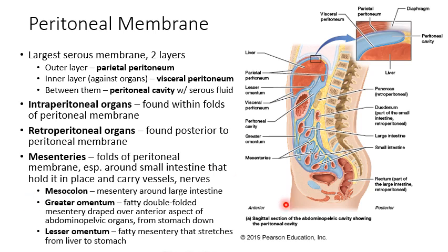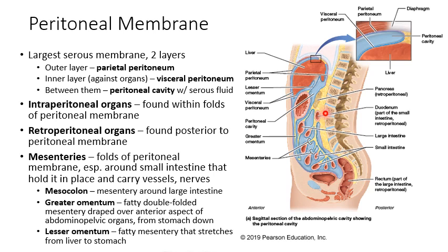So in this diagram here, it's showing you the peritoneal membrane. It's all this stuff in blue, so you can see it has all these folds. And organs like the liver here that are enclosed in those folds are intraperitoneal. So you can see the stomach's also intraperitoneal. Most of the large and small intestine is intraperitoneal.